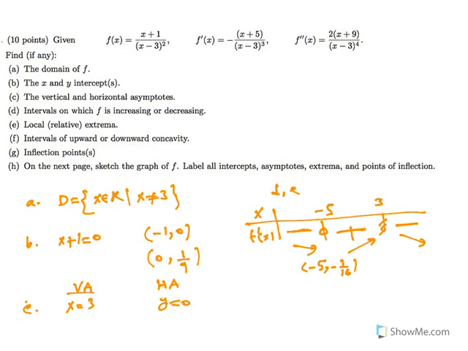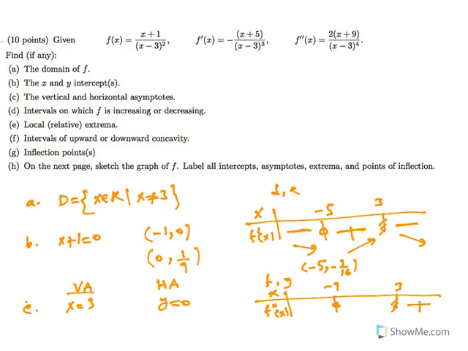Part F and G are related to points of inflection and concavity. You set the second derivative to 0, you get negative 9. At negative 9, the second derivative is 0. At 3, it is undefined. If you find the sign of the second derivative more than 3, it is positive.